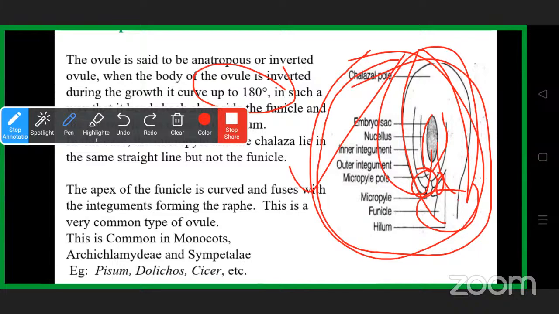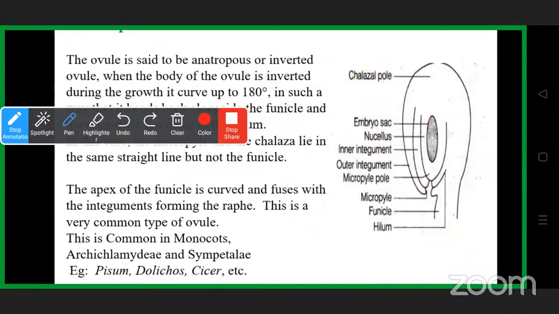That's why anatropous ovules are the common type. These are common in monocots, Archichlamydeae, Sympetalae, in most.